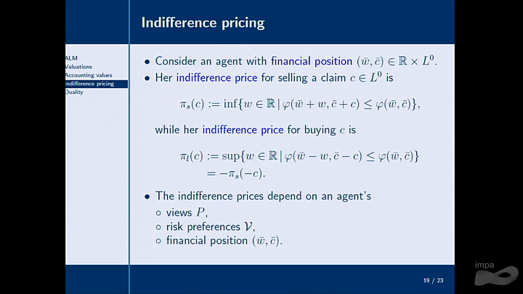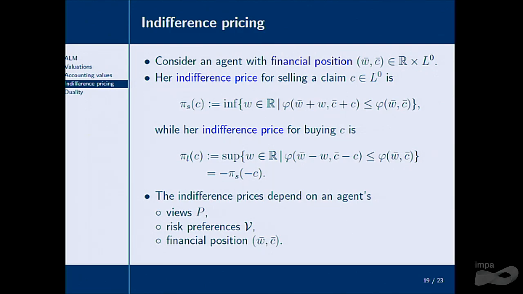If he was to sell an additional claim, his net claims after that would be the liability he already had before the trade, plus the new claim that he just sold. And his initial wealth would be changed from W bar into W bar plus W. W would be the price that he's charging for selling this additional claim C.